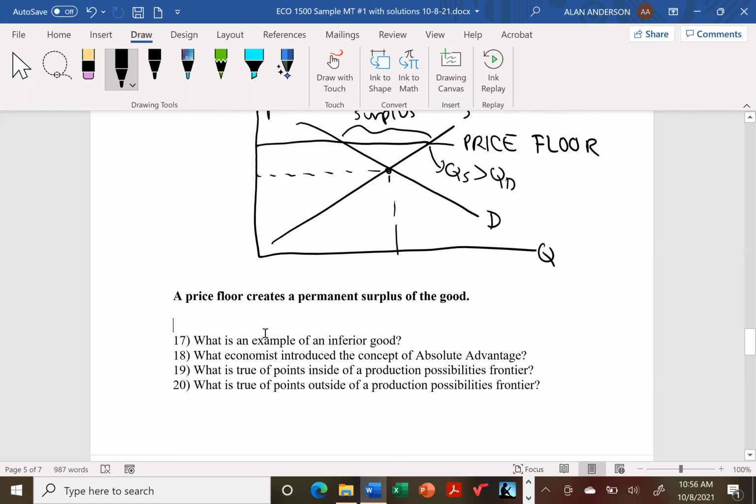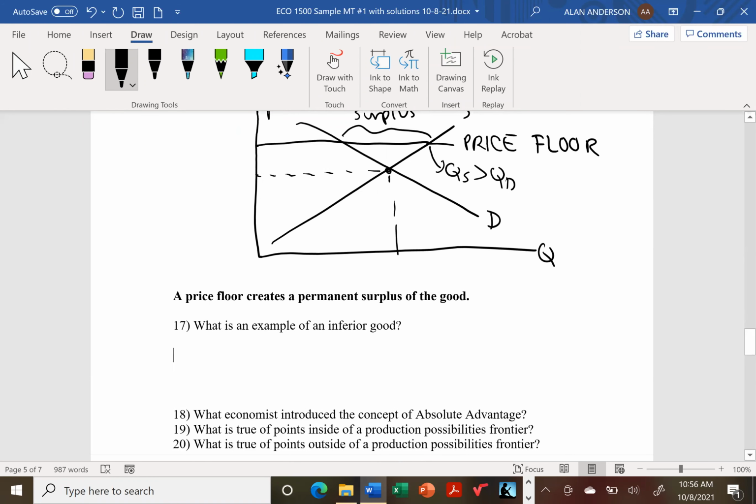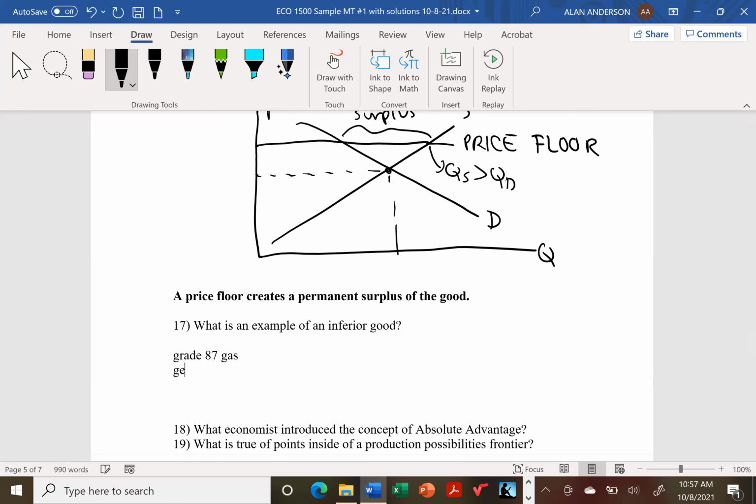Now here it says, what is an example of an inferior good? Well, you can use your imagination there. Anything you can think of that you would buy less of when you have more income could work here. So let's just use, I don't know, how about grade 87 gas? A perfect example. Or how about generic drugs, store brands?